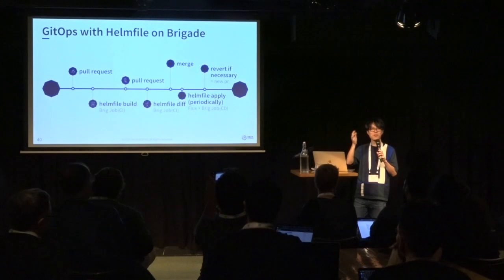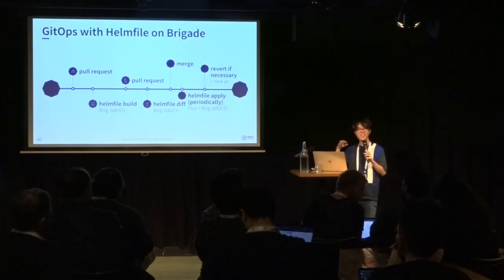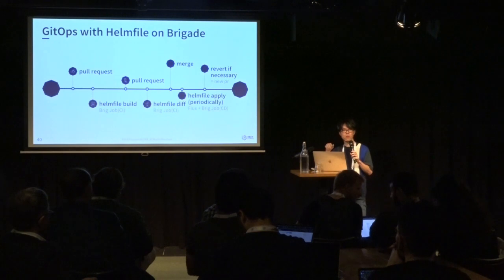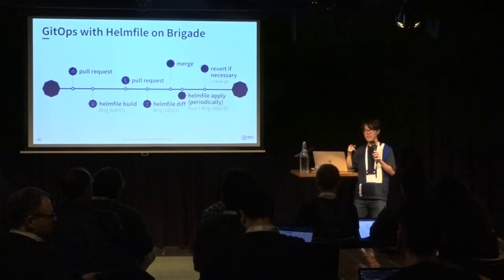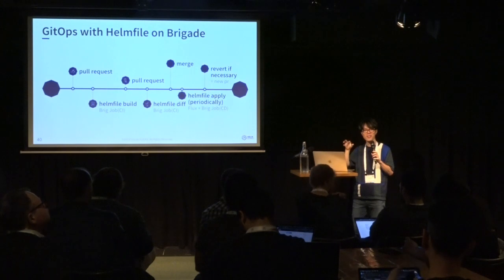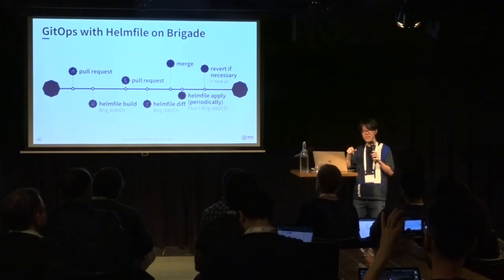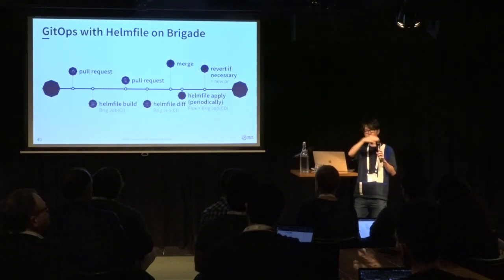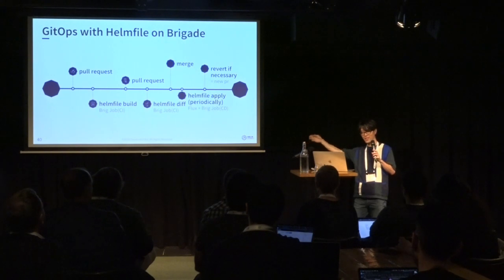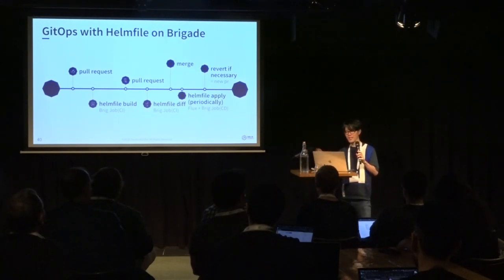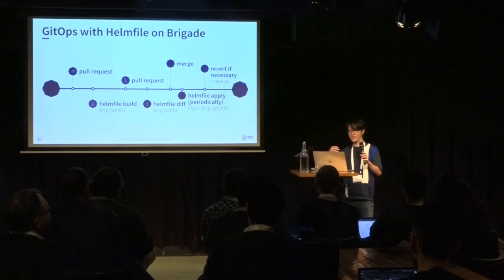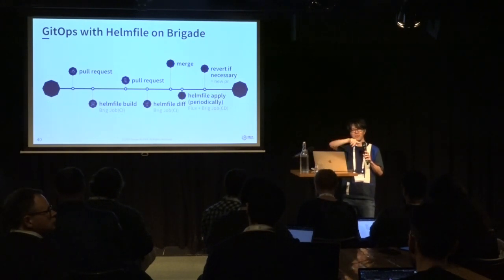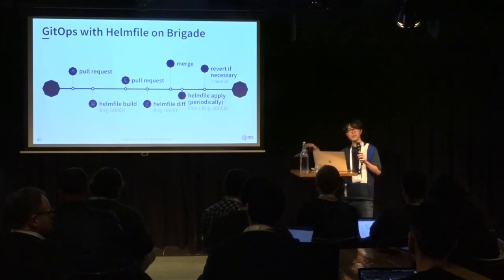Flux watches the Git repository and applies custom resources specifically made for your deployments. So you basically write Helmfile YAML content in a custom resource, and Flux duplicates the Helmfile YAML content from the Git repository to a Kubernetes custom resource object. And finally, you can write a Kubernetes operator like the Brigade CD I've introduced to reconcile the custom resources into your Helmfile deployments.